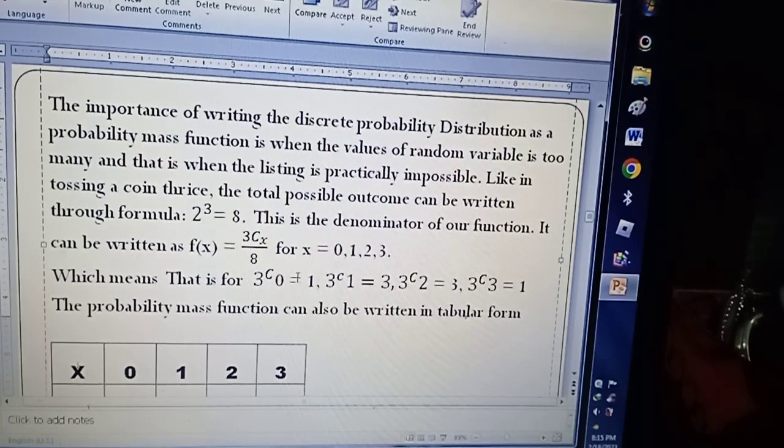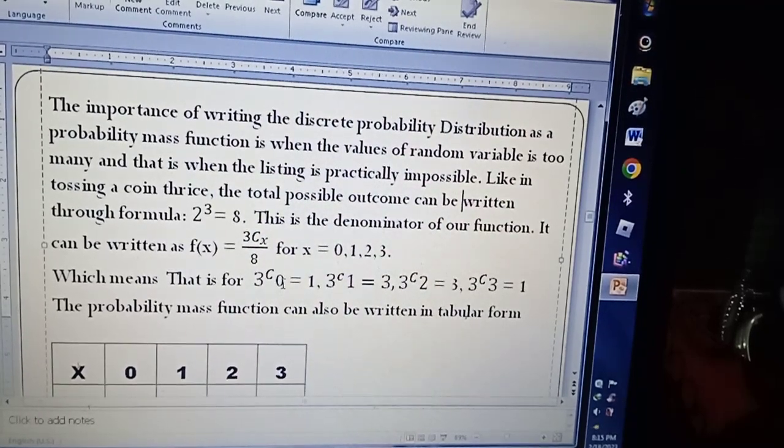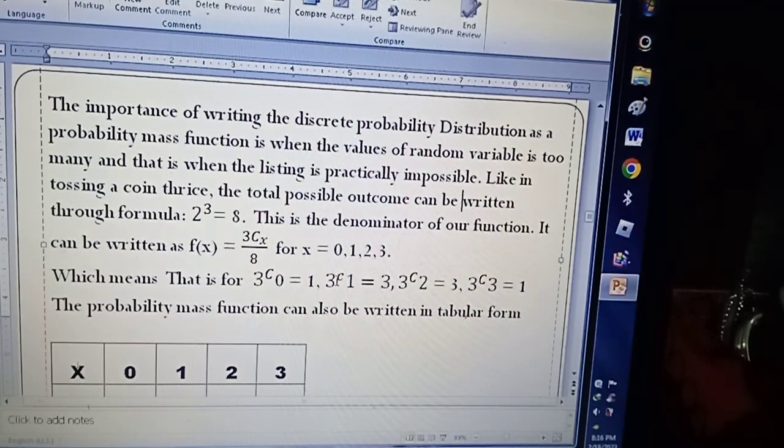Which means that for 3C sub 0, that means 3 tossings of coins, but 0 heads come out. That is equal to 1. And also, the second is 3C1. You toss a coin thrice, but only one head comes out, so that is 3 outcomes.